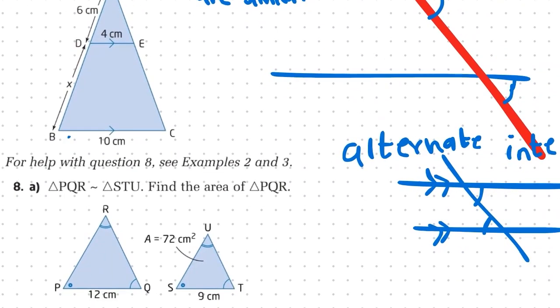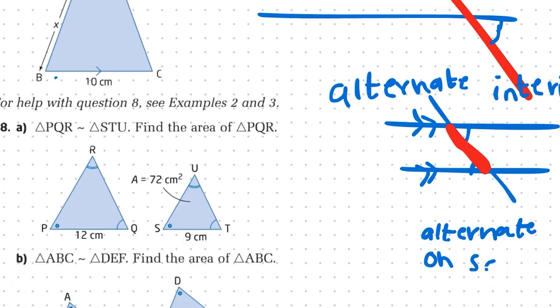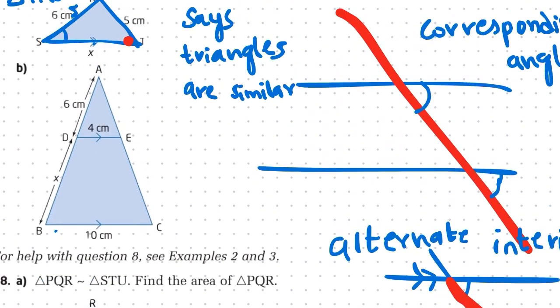If you look carefully in this diagram, alternate interior means what? It's with respect to the same line. But in this case, the lines don't go through the triangle. So there are two cases.